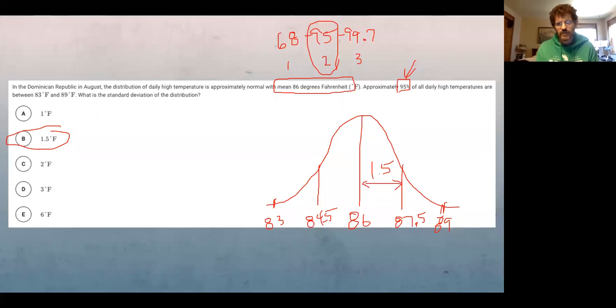I want you to always step back and say, I understand not only the question, but the concepts underlying the question, because I'm not going to see this exact question again. But I understand the concepts that led me to this answer. So that's going to help you when you see a different problem that asks you something different, but you still have to use the same concept of the empirical rule and the normal distribution and things like that.